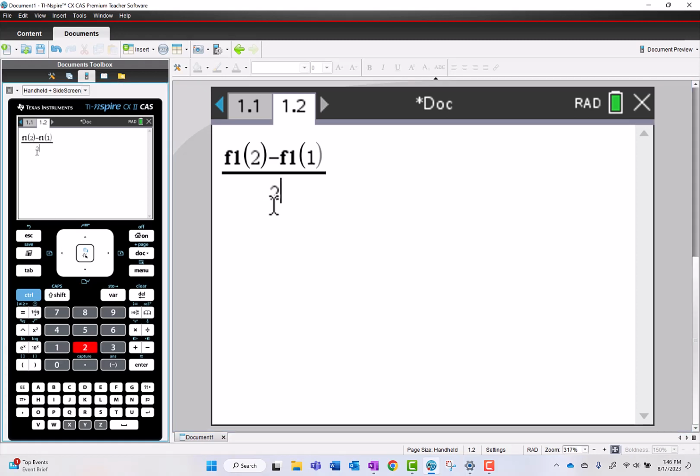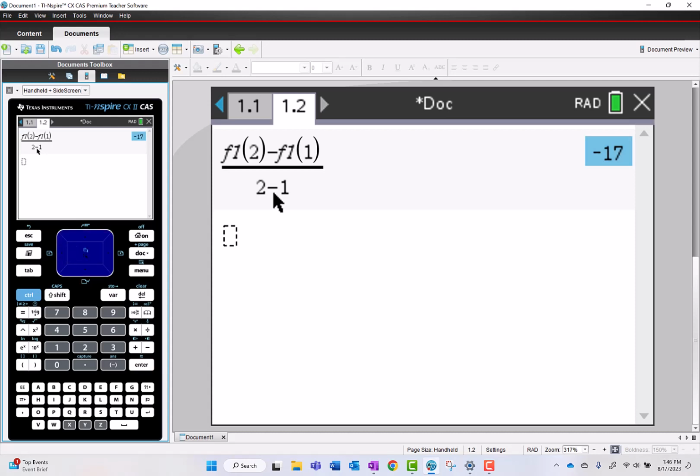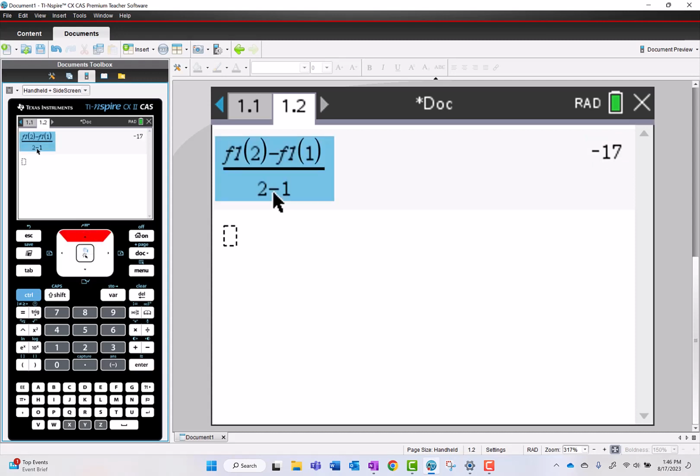I really don't try to do any arithmetic in my head. It doesn't work well for me. I'm just going to let the calculator do it all. So is everybody okay so far? And then we just hit enter. And then there's our answer. Now this is really handy when you have a bunch of them defined. So what we would do is scroll up, highlight that and hit enter.